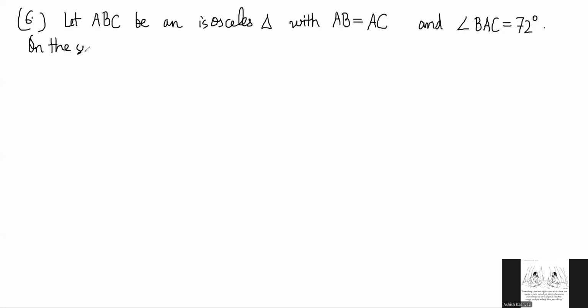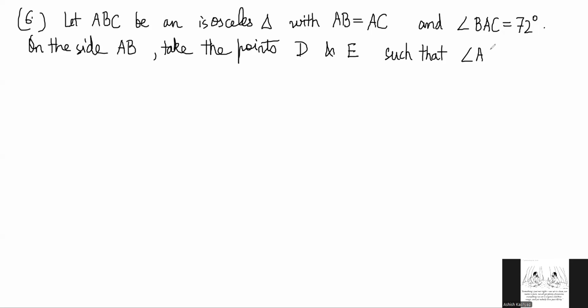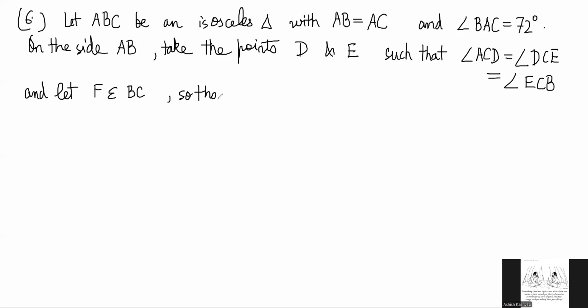On the side AB, take the points D and E such that angle ACD is equal to angle DCE is equal to angle ECB, and let F belong to the line segment BC so that EF is the bisector of angle BEC.